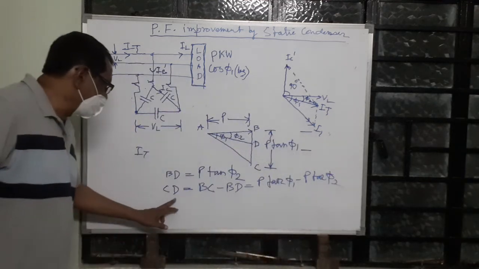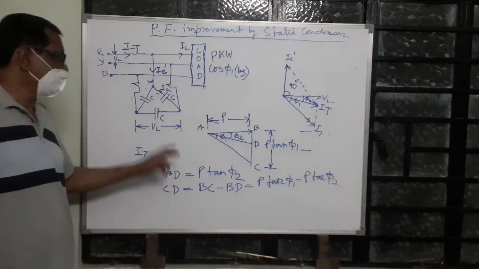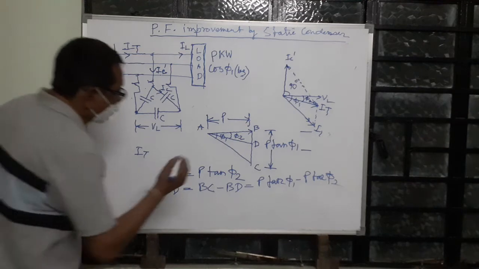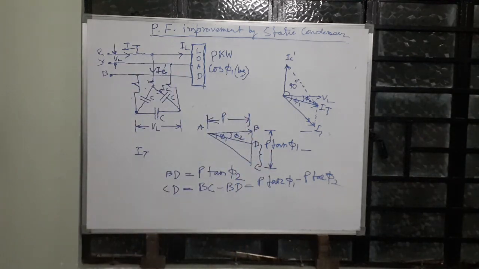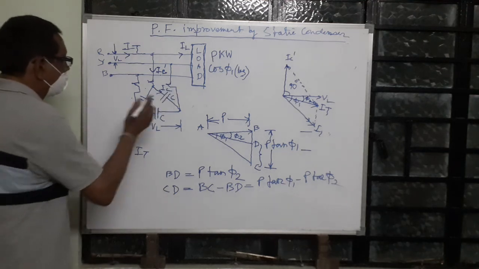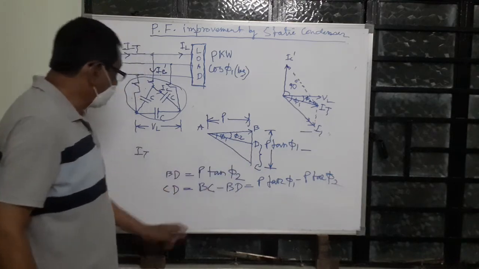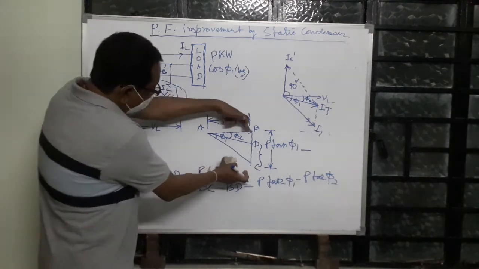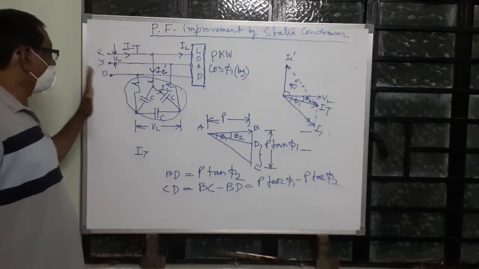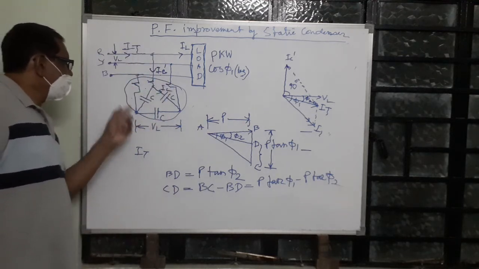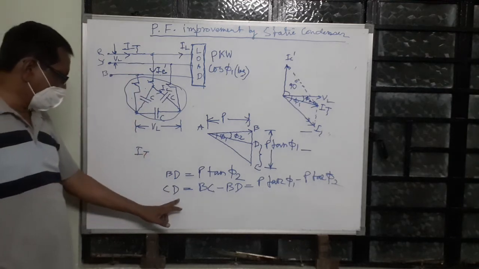So CD is the leading kVA supplied by the capacitor bank. This is the rating of the capacitor bank. The leading kVAR supplied by the capacitor bank equals CD, which equals BC minus BD. So first we calculate the kVAR rating of the capacitor bank.